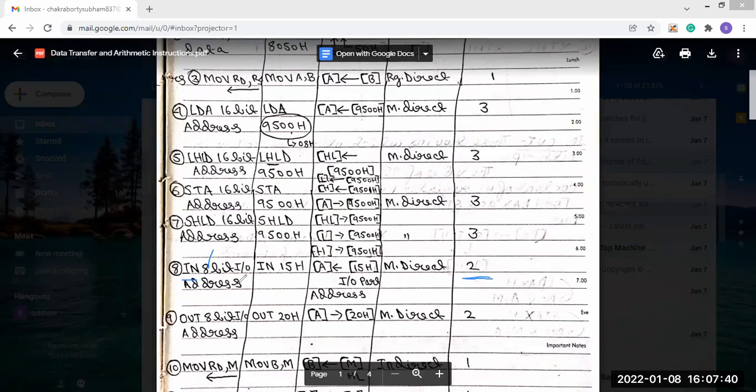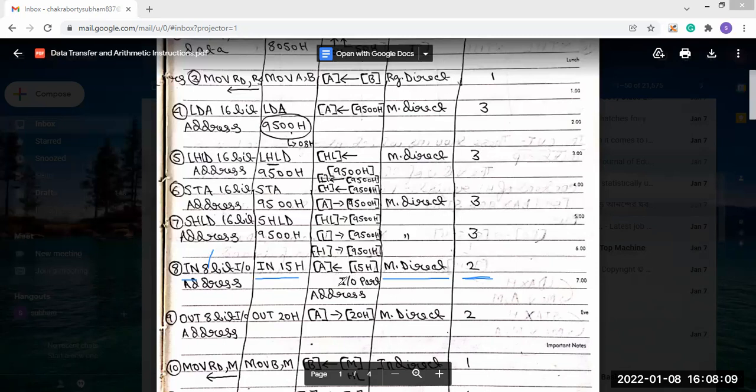So here we have an 8-bit input output address. Since an address is mentioned, it will be the memory direct operation. And the format is IN 15H.